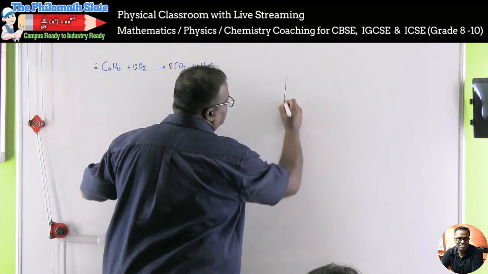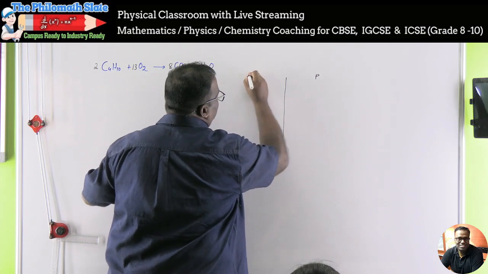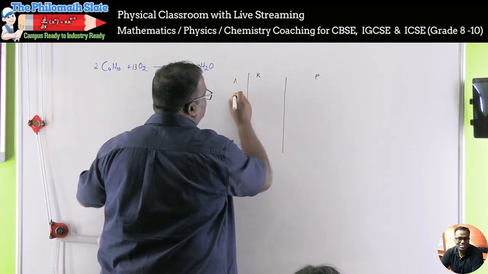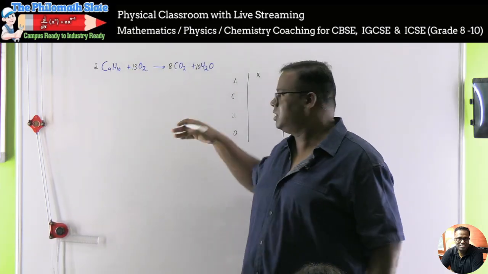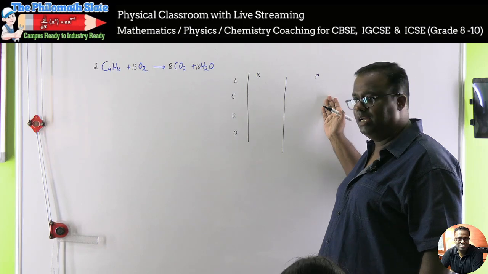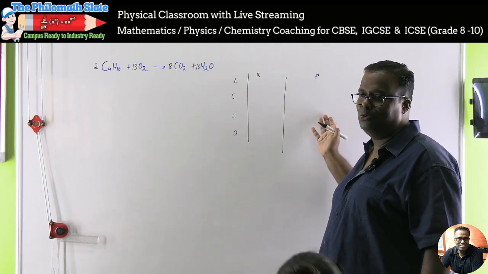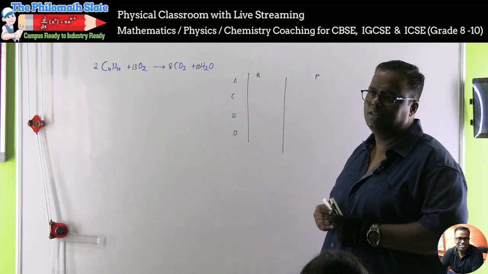You must be making a rough column and you are trying to show reactants, products, and then you are trying to show what are the atoms. You will say carbon, hydrogen, oxygen. By doing this process, the mathematics is done, right? Put it in there. I did it with the MAM method only. Who said I did it with ABCD? ABCD is in my rough copy, right?